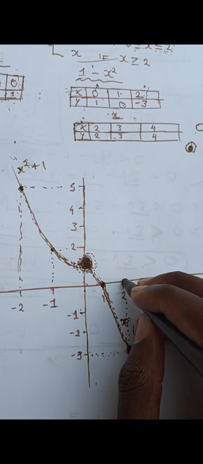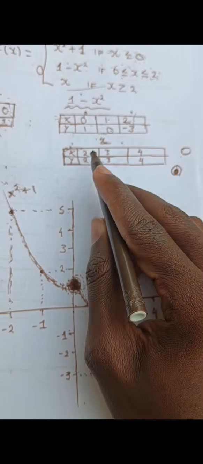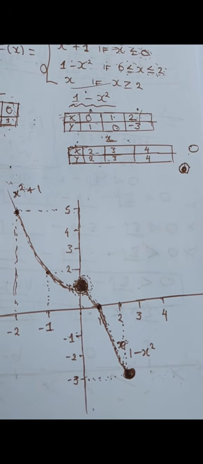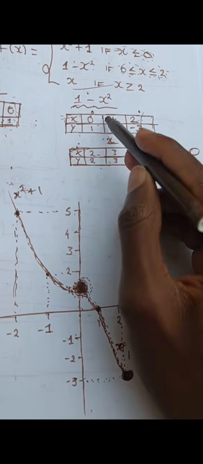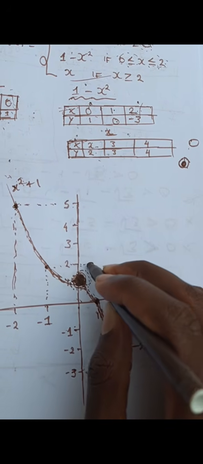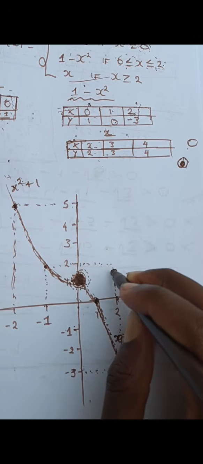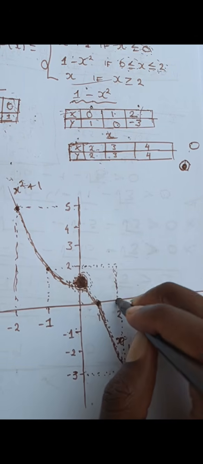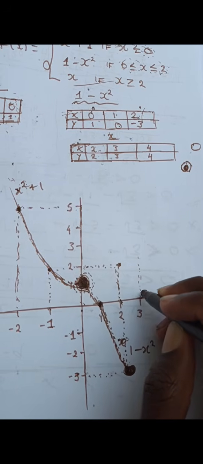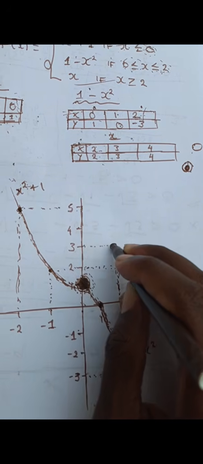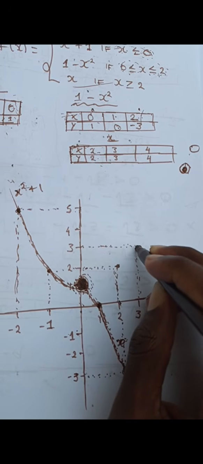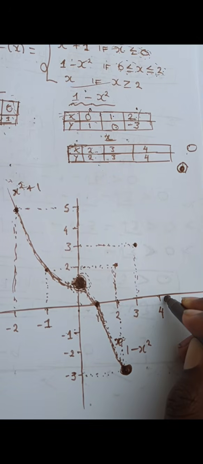Okay, so the first point, and for this one you're going to show the bubble. This one here, so it's going to be 2 comma 2, then 3 comma 3, then 4 comma 4.